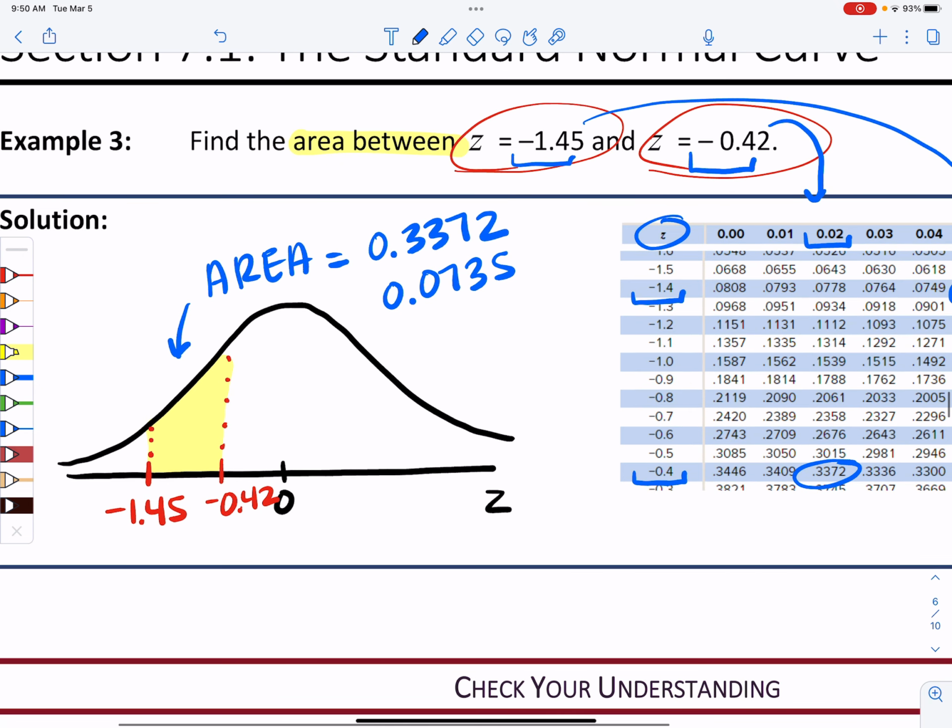To get the area in between, notice what the table gave me. It gave me this area, then it gave me this area. So if I just want the area in between, all I need to do is take the larger area, subtract out the smaller area, and that's going to give me the area in between.